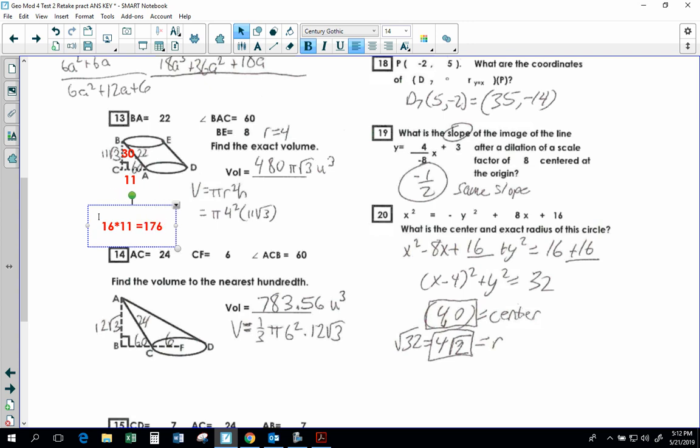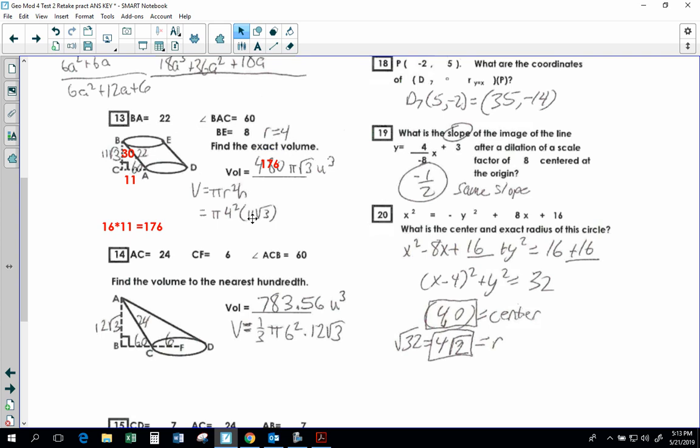Equals 176. 4 pi r squared. So we got r squared 16 times the height right there. So 16 times 11, 160 plus 16 is 176. This actually should be saying 176. There's an error there. Good thing I'm going over this.